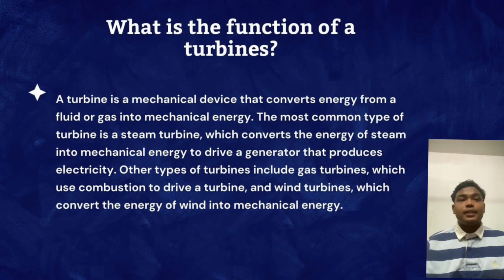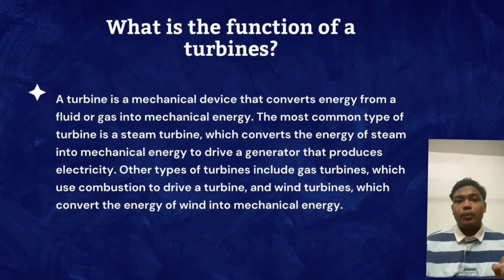Okay, for the next, what is the function of a turbine? A turbine is a mechanical device that converts energy from a fluid or gas into mechanical energy. The most common type of turbine is a steam turbine, which converts the energy of steam into mechanical energy to drive a generator that produces electricity.